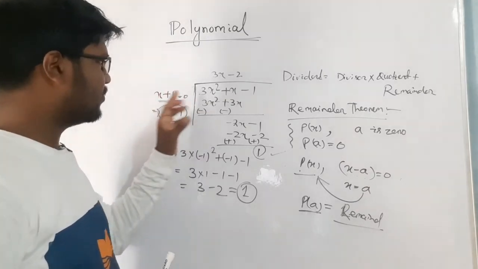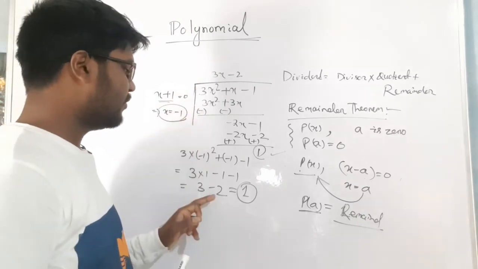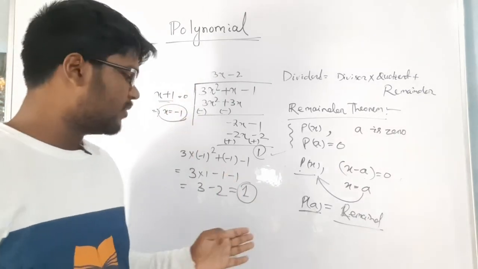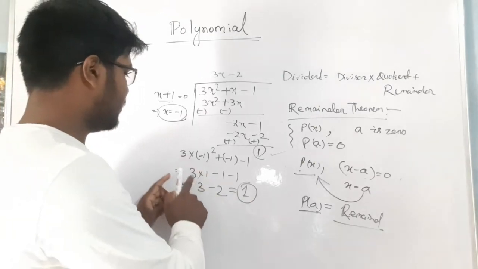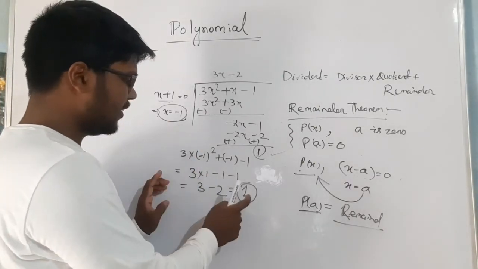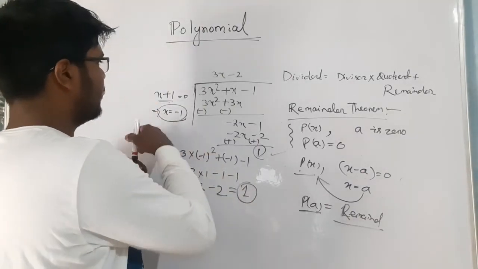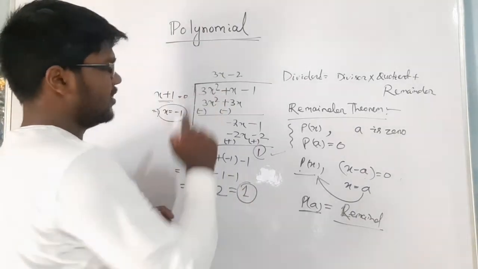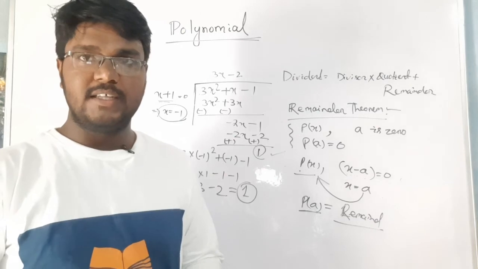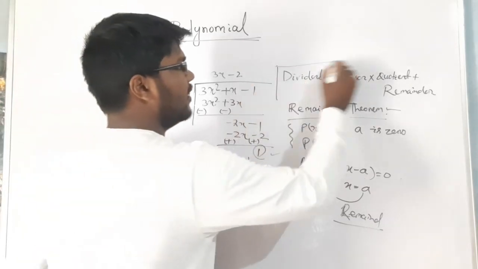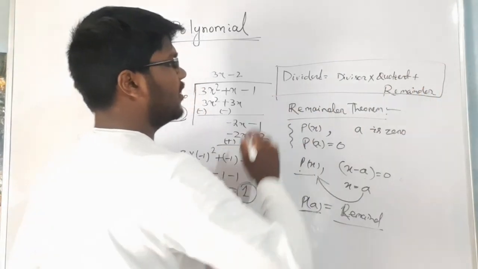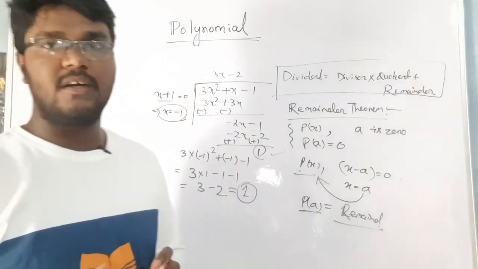That value of x we will put in this polynomial, and the answer we get will become our remainder. If the remainder is 0, then this will be a factor of this, that means it will divide completely. This is the remainder theorem, and we know dividend is equal to divisor into quotient plus remainder.